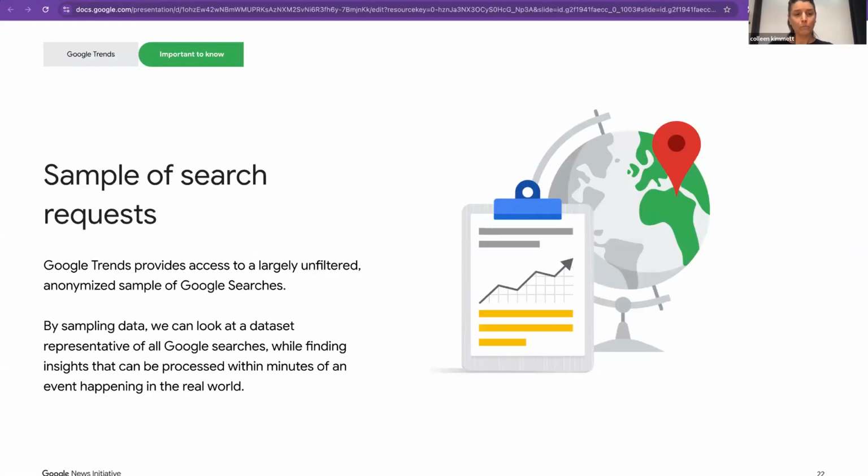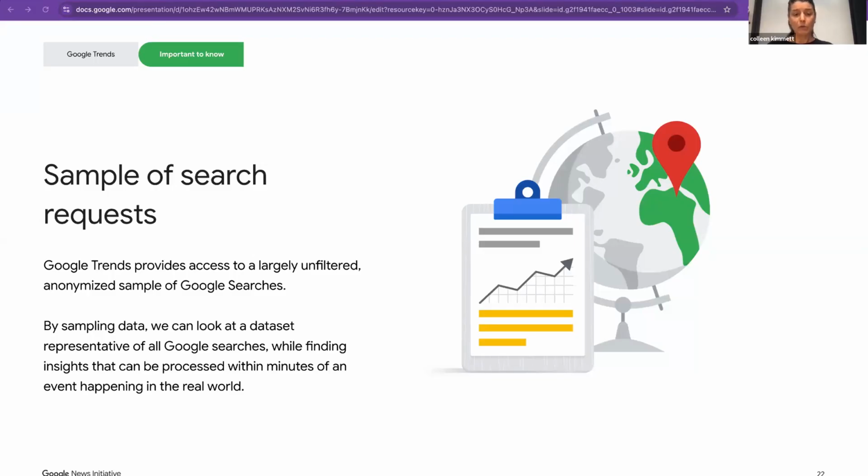Google Trends provides, so it's not telling you in raw numbers that there were, for instance, 1.5 million searches for Mark Carney last week in Canada. It's a sample of unfiltered, anonymized Google searches within your specified region, within your specified time frame.